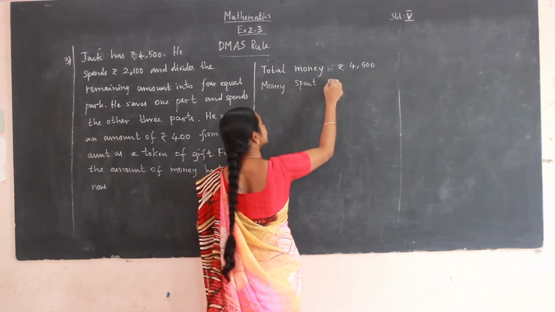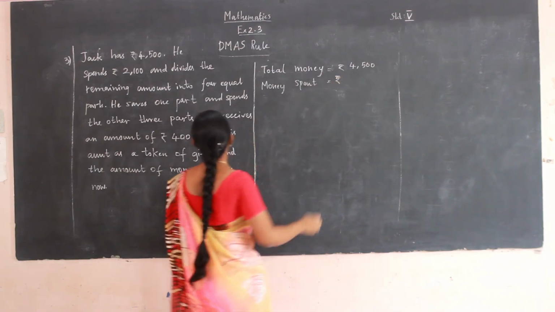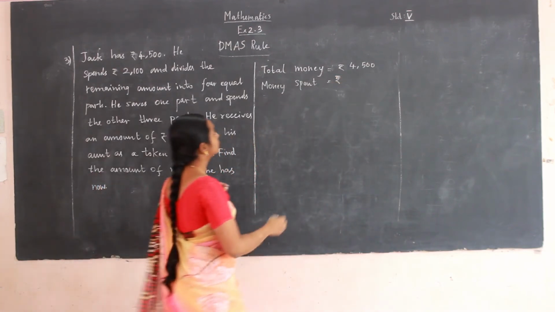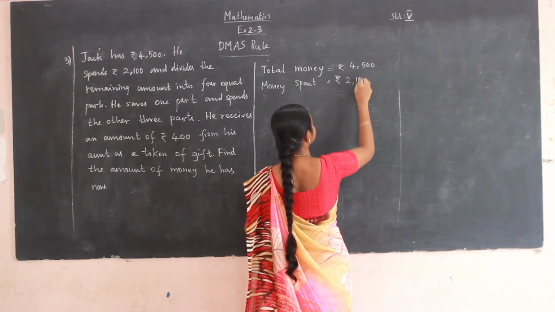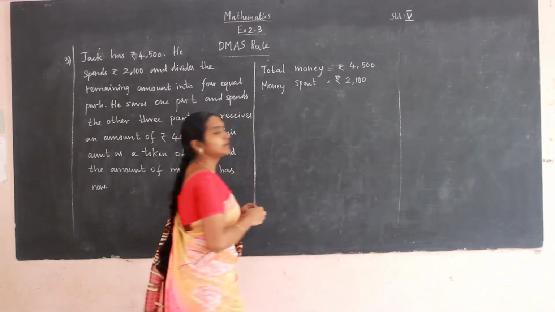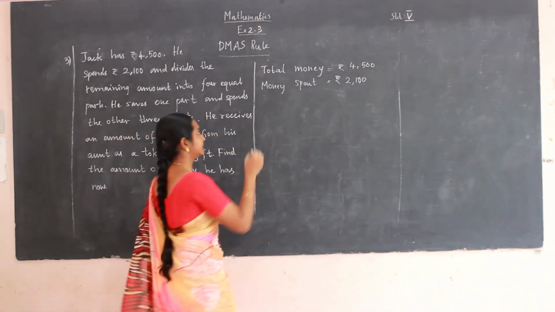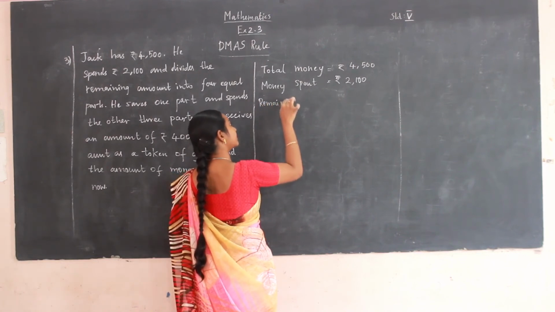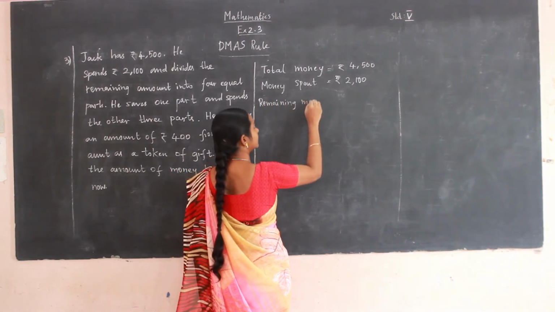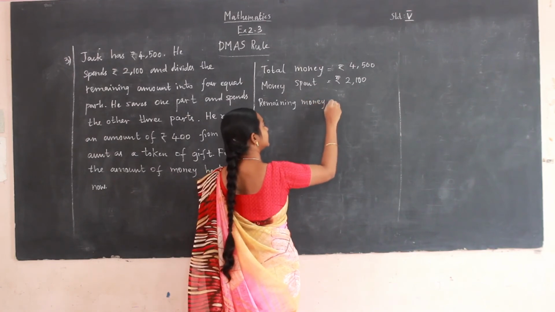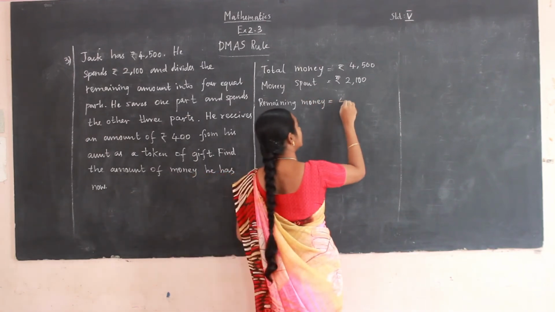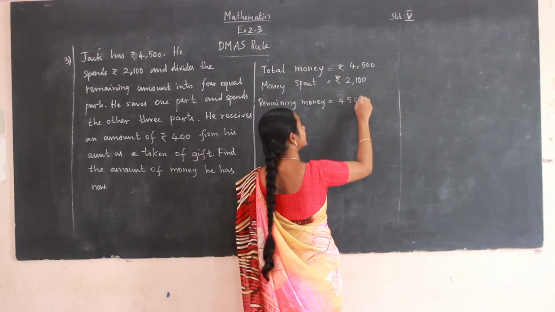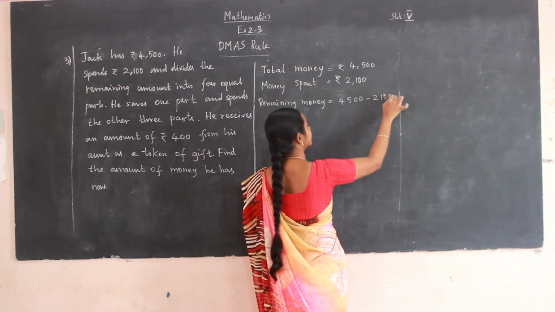Money spent equal to rupees 2,100. Now we have to find the remaining money. Remaining money is 4,500 minus 2,100.